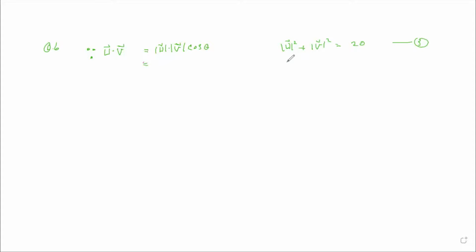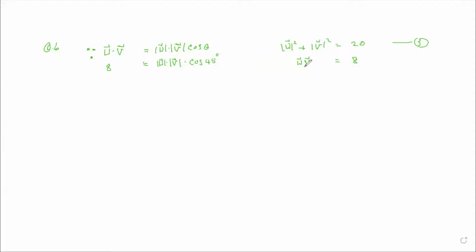And then from the last page, we have vector u times vector v equal to 8, right? So now just replace this one down. So this one is going to be the length of vector u times the length of vector v times cosine 45, because the question says they have the two vectors, vector u and vector v.